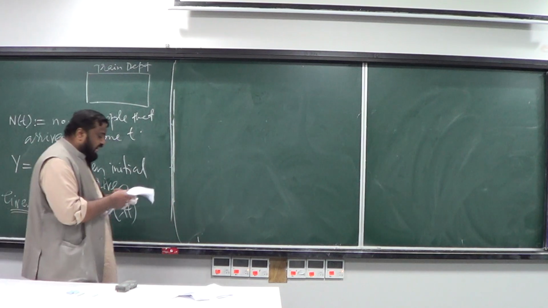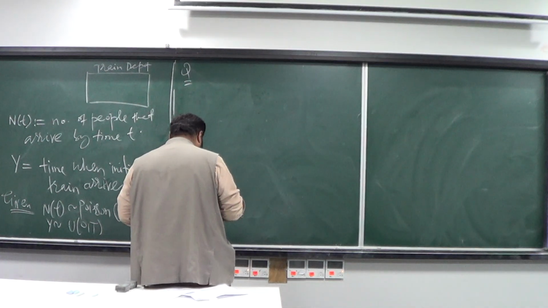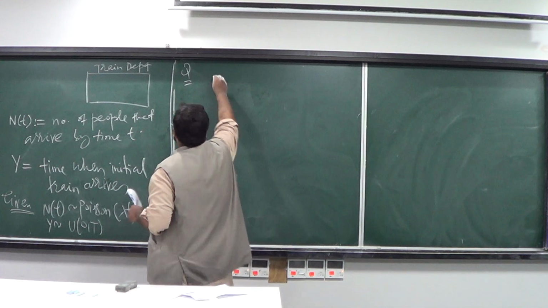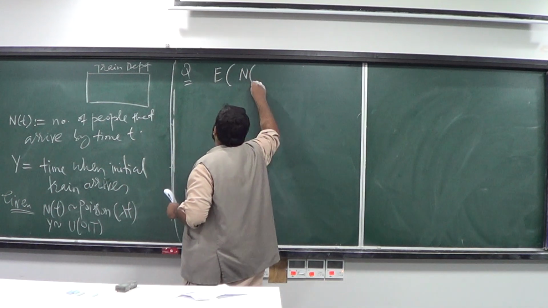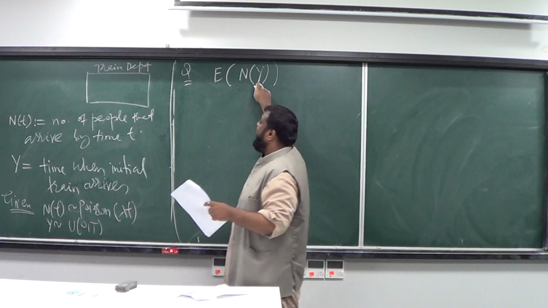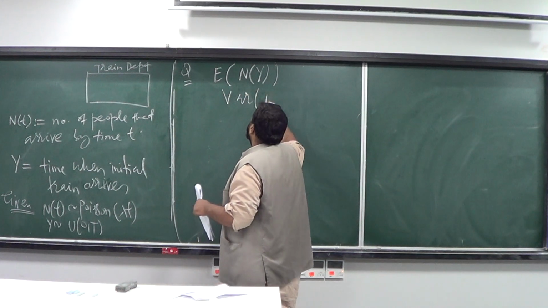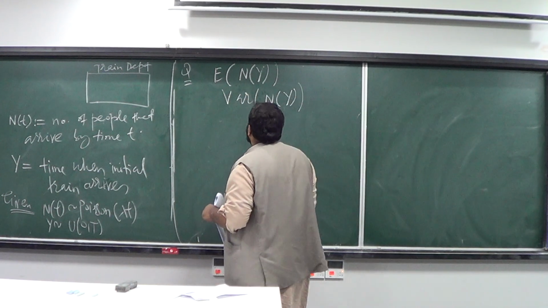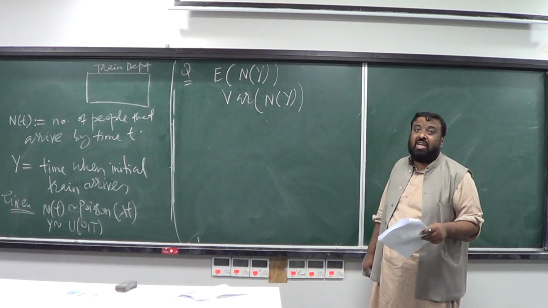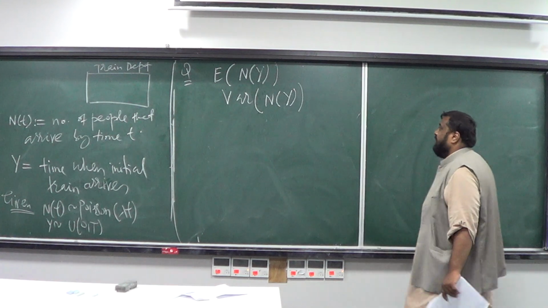So the question that we would like to deal with is basically this: what is the expected number of people that arrive at the train depot by the time Y, in other words, by the time the train arrives, and what is the variance of the number of people that arrive at the station by the time the train arrives? This is what we are interested in.